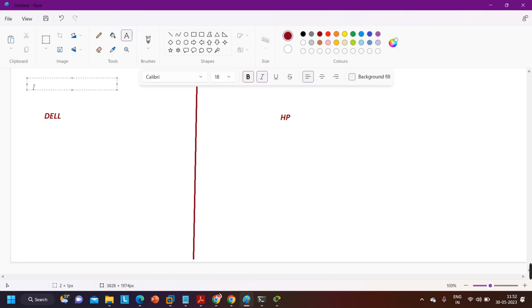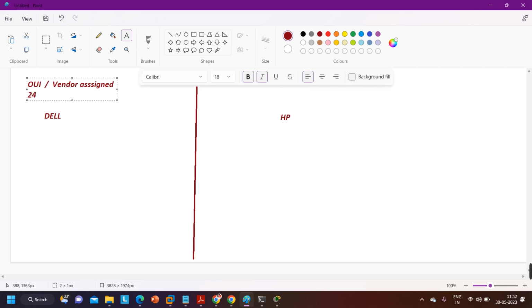First one is OUI. OUI stands for Organizational Unique Identifier, and second one is vendor assign. Okay, means vendor will assign only this part.